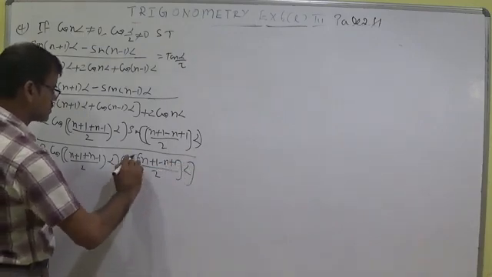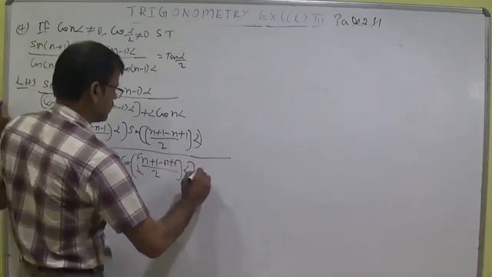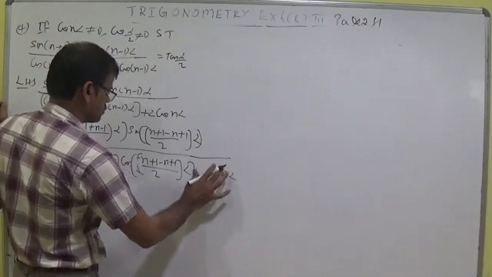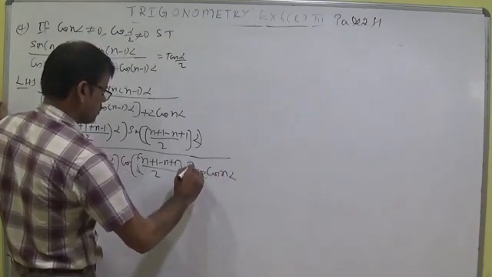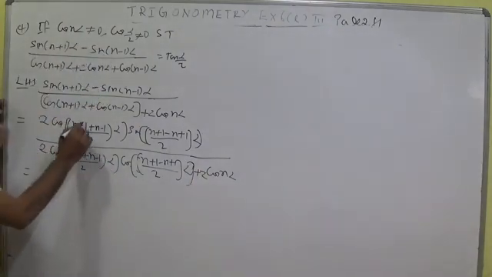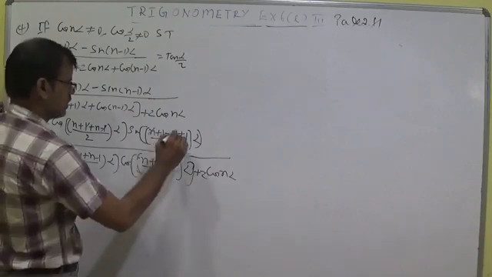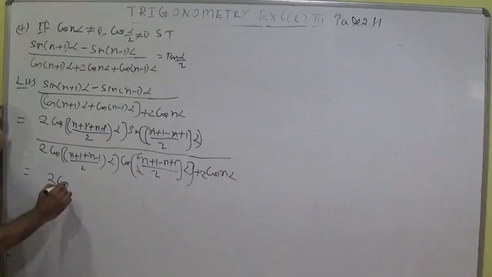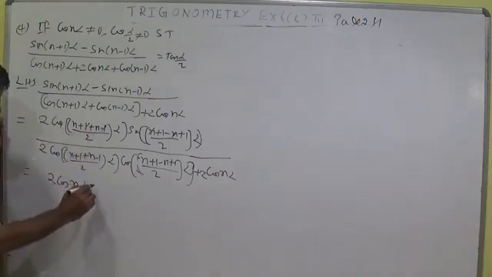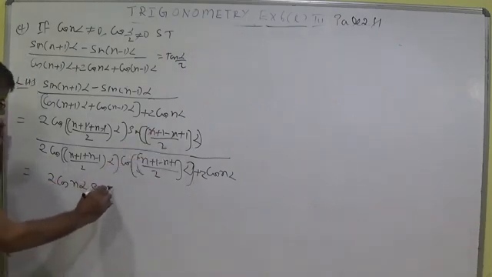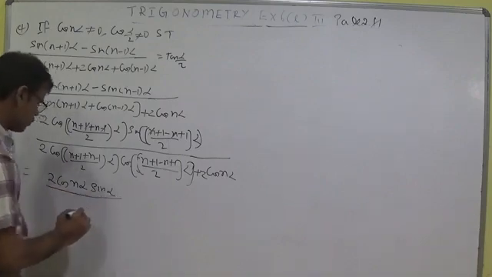Plus, for this one, another separate term is given. That term is 2 cos n alpha. That is equal to, here 1 minus 1 get cancelled, here n minus n get cancelled. Now you can write 2 cos of, this is n plus n, 2n by 2 becomes n alpha, into here 1 plus 1, 2 by 2 becomes 1, this is sin alpha, whole by.